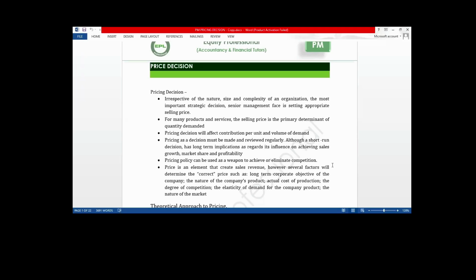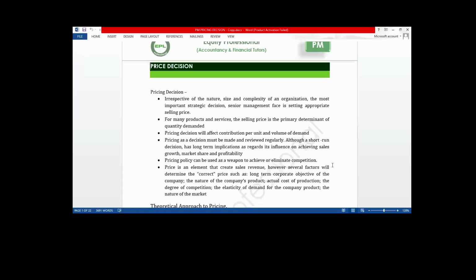If you cannot make profits, you must not incur loss. It is very rare for a company to sell its products below the cost of production. So, actual cost of production will have impact on the price of the products.